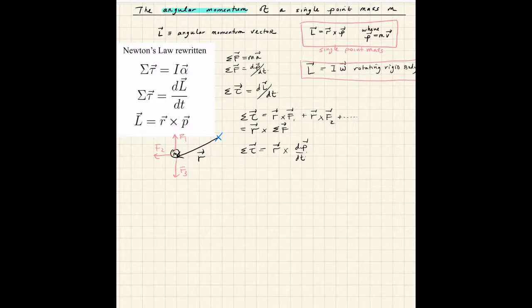So what I'm going to say is that this is in fact equal to the time derivative of r cross p.